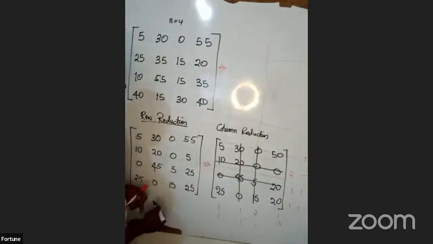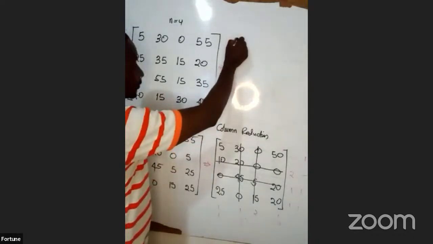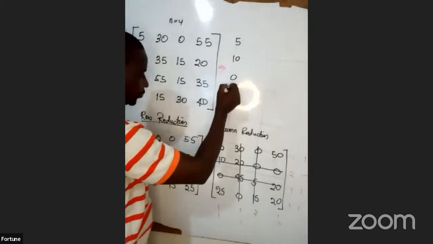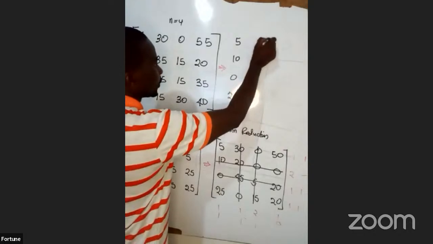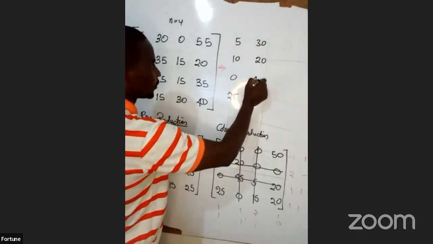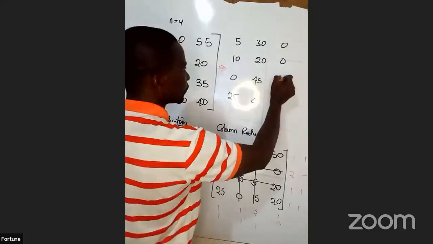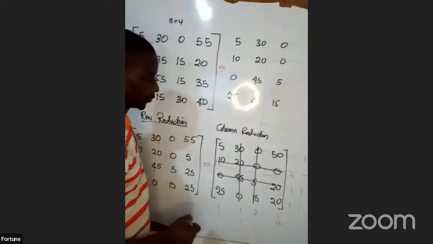But let's make the work neat. I'm going to rewrite this here. 5, 10, 0, 25, 30, 20, 45, 0, 0, 0, 5, 15.